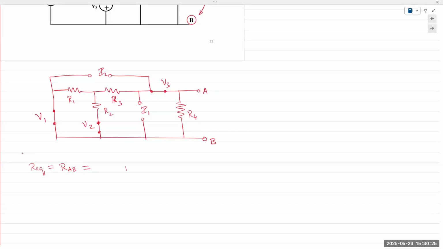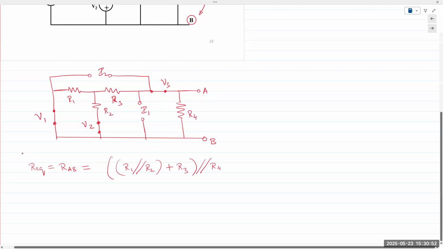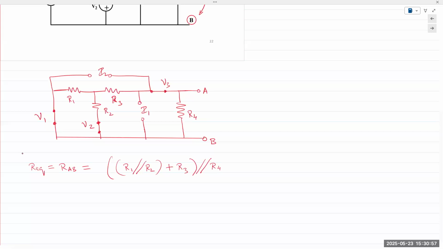We obtain at the far end, R1 is in parallel with R2, which is in series with R3, which is in parallel with R4. And that's it. It's Req. This is only possible to calculate if the circuit configuration is in a way that you can reduce it to one single resistance. It may not always be possible to do so.